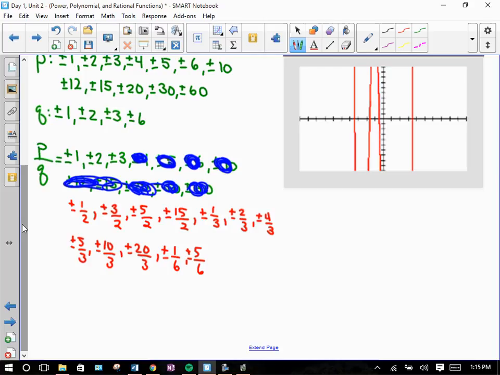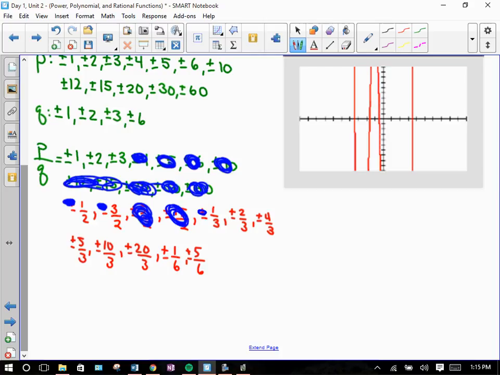So we could have -1/2. We could have -3/2, because we have one between -1 and 0, so -1 and -2. This is -2.5, that'd be like here, so that's not 1. 15 over 2 is going to be like 7 or something, so no.